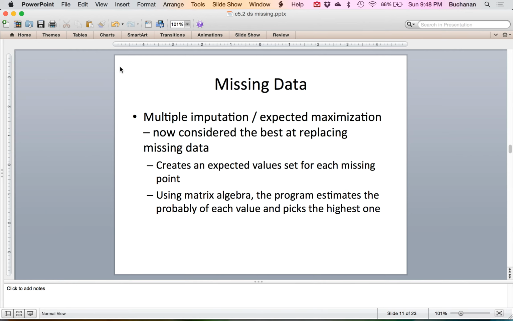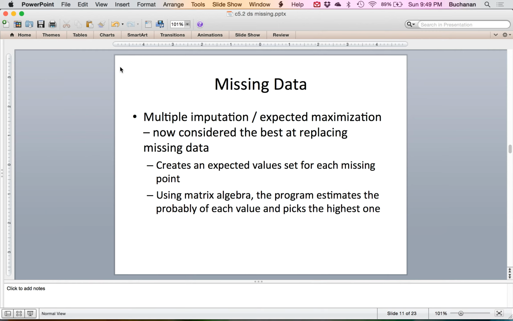But in R, it's actually really easy. So that's the great thing, is that we're going to use a little package called MICE, for Multiple Imputation by Chained Equations. That's what it stands for. And it will do the heavy lifting for us. The idea of multiple imputation is that you run it multiple times. You look at the data across and down, where you look at the row average and the column average and the row numbers, and sort of predict the best score for that participant.